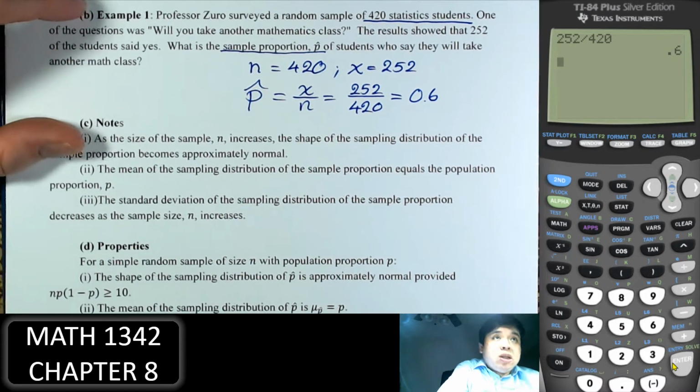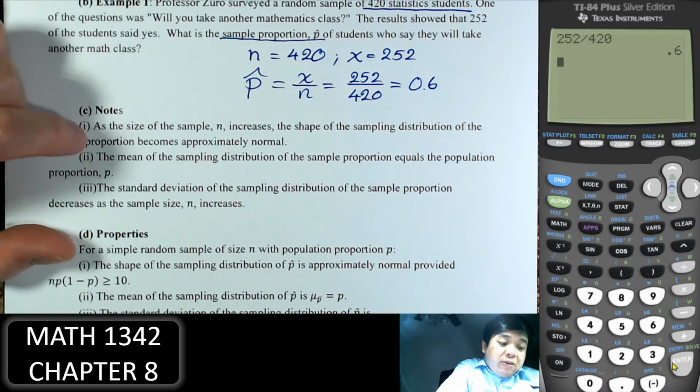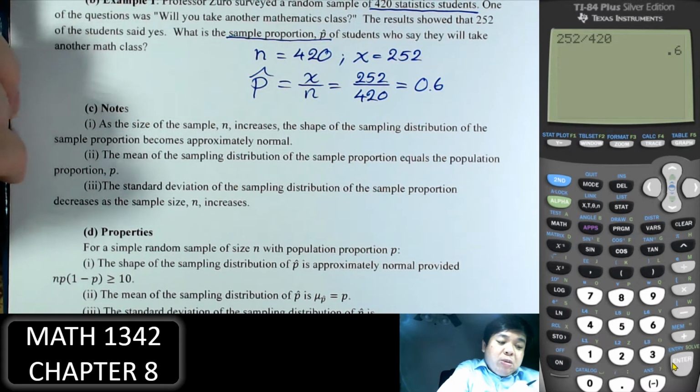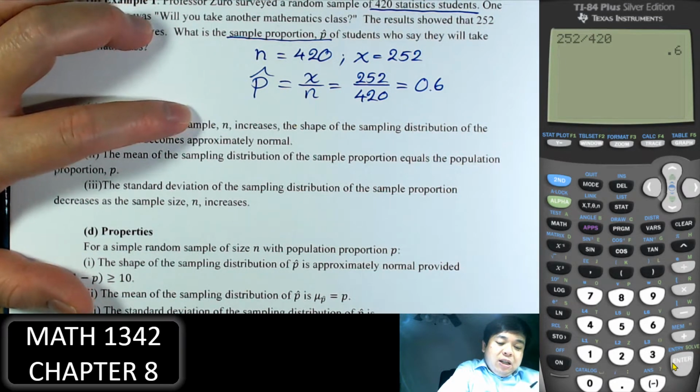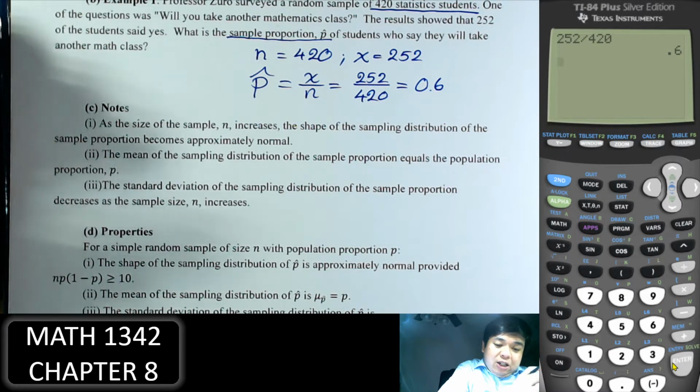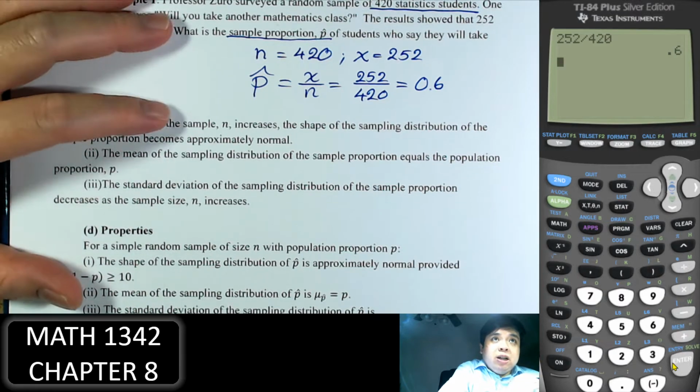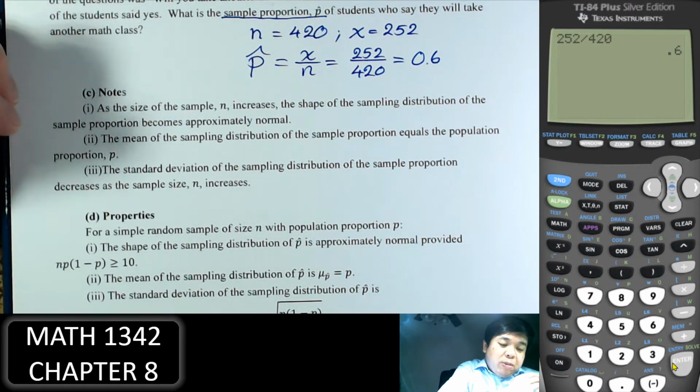Here are some notes. As the sample size n increases, the shape of the sampling distribution of the sample proportion becomes approximately normal.